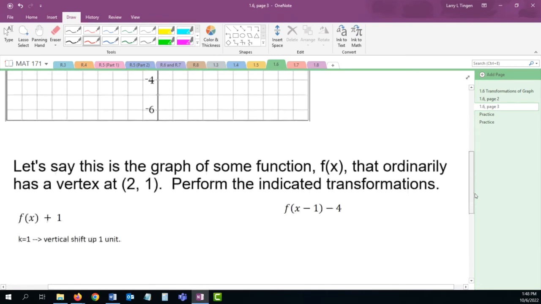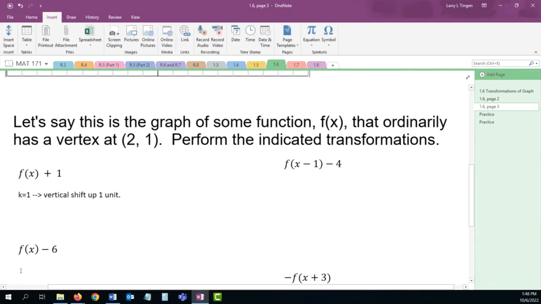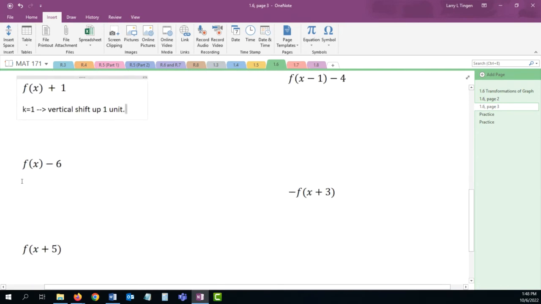The second one, on the outside, I have f of x minus 6. All right, so same thing. k is negative 6.